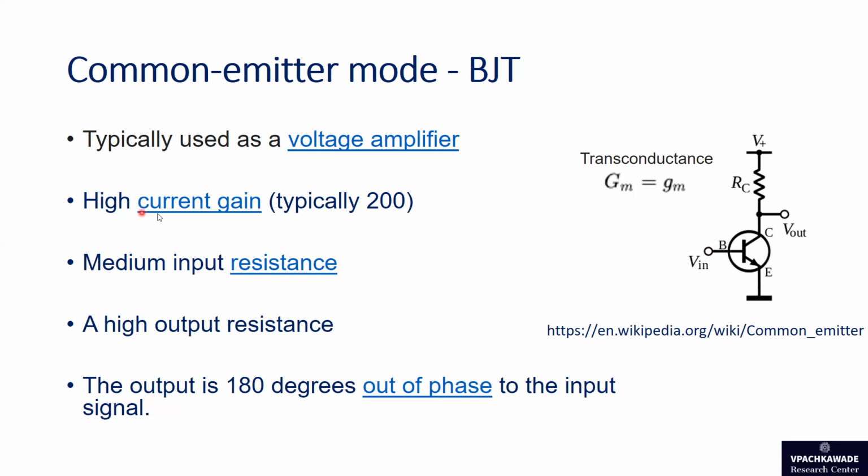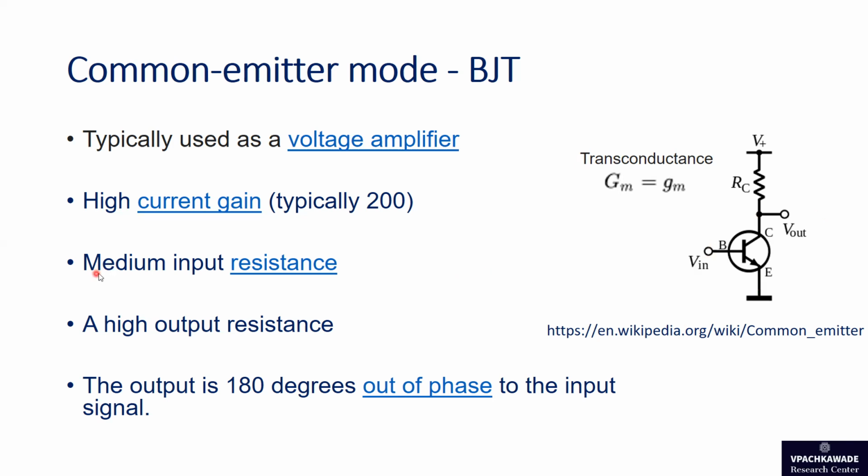The typical high current gain it offers is about 200. It means that for a very small signal level of currents, you can have a large level of currents in the output. Similarly, it can also take small voltage variations and result in large voltage variations in the output.